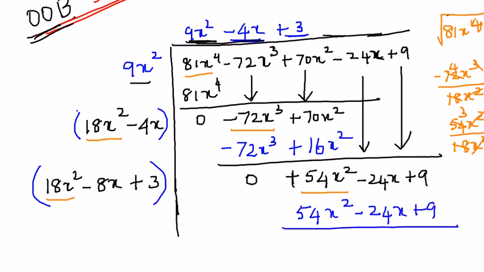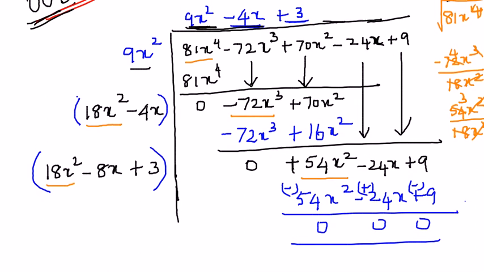When I'm going to subtract, I'm going to change the sign throughout. So this becomes minus, this becomes plus, and this becomes minus. So all the terms get cancelled out. So the square root of this whole polynomial is 9x squared minus 4x plus 3.